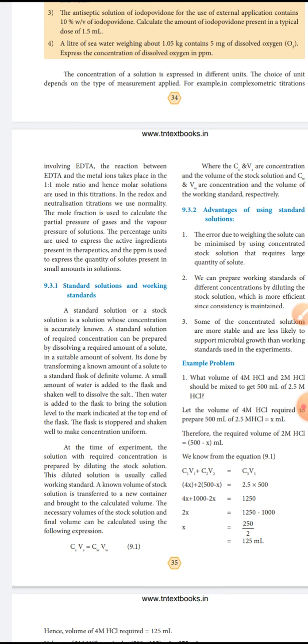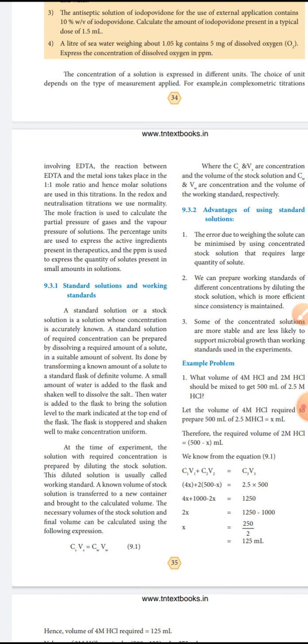Next, let us learn about standard solution and working standard. A standard solution means a known value; we know the measurement of that solution. A working standard means we add water and dilute that solution. A standard solution, another name stock solution, is a solution whose concentration is accurately known.